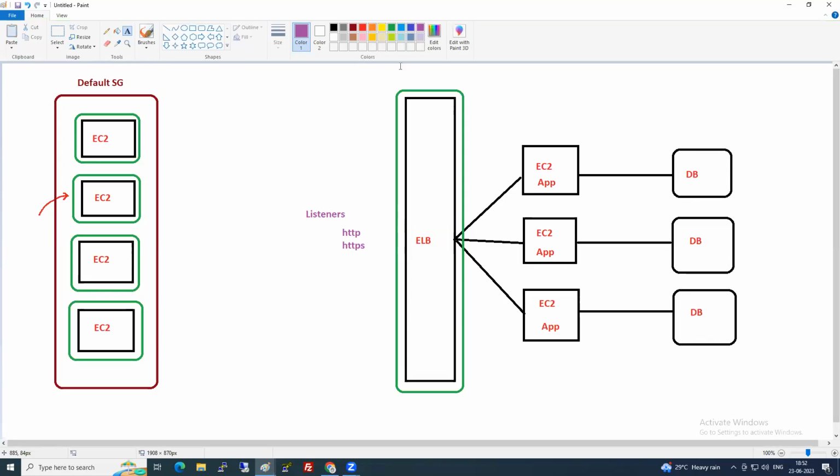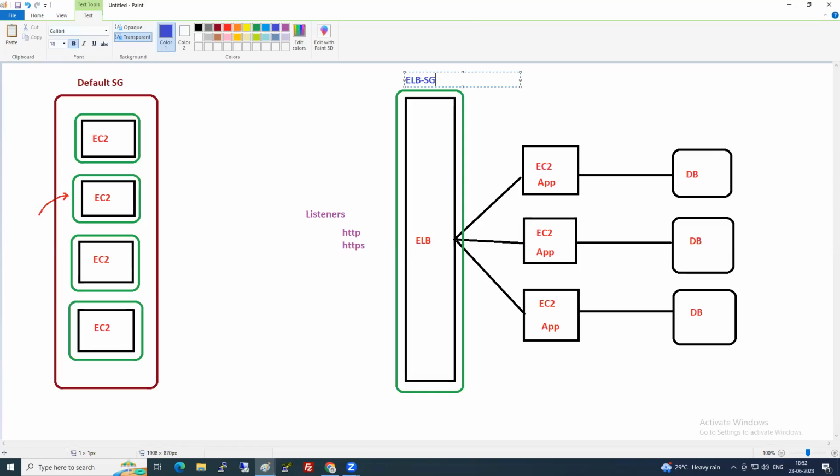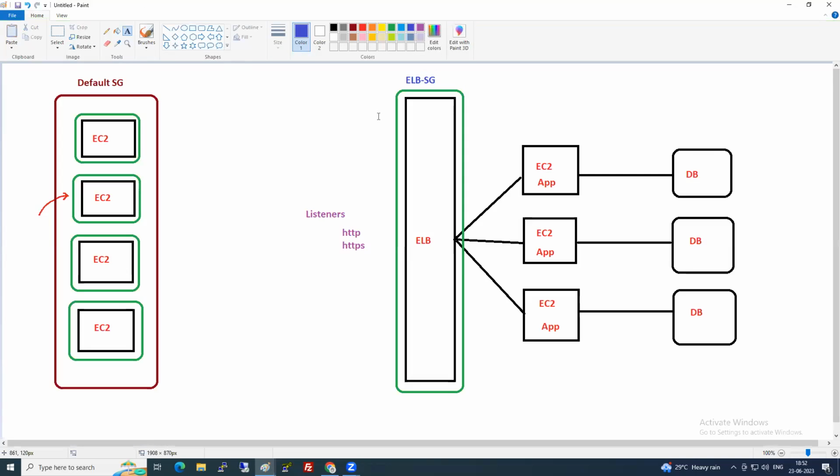So now, can I call this ELBSG? Load balancer security group. People will be connecting to your load balancer on HTTP and HTTPS. Is it required to allow SSH?